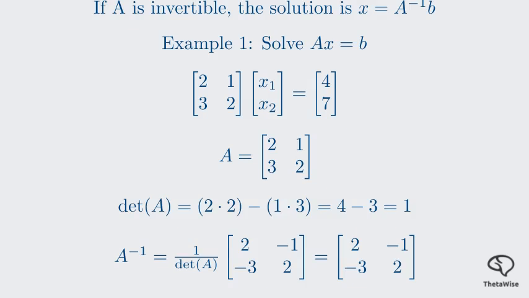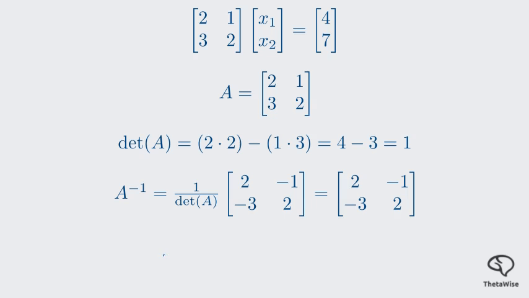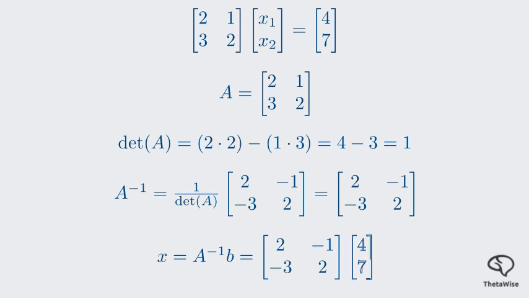Now we can find our solution vector X by multiplying A inverse by B. X equals the matrix 2, minus 1, minus 3, 2 times the vector 4, 7. This gives us the vector 2 times 4 minus 1 times 7, and minus 3 times 4 plus 2 times 7.